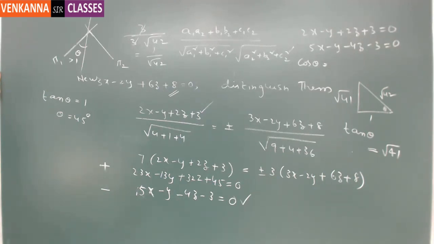Yes or no? Yes. So what happens here? I have calculated the angle between the given plane and the new plane. Here tan theta is greater than 1 means here the angle is greater than 45 degrees.